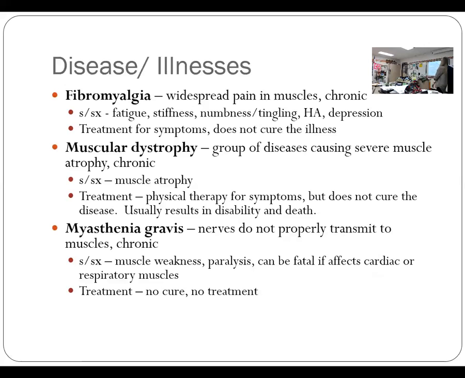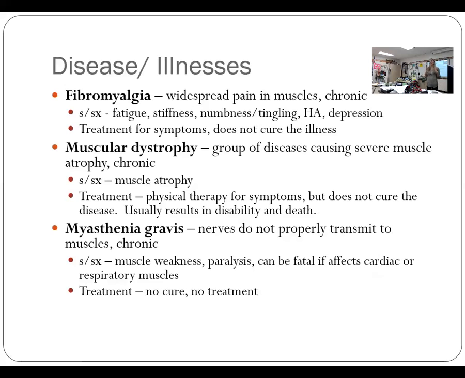Okay, muscular dystrophy. Dys means what? Difficult, labored, bad, like dyspnea. We talk about dyspnea. So dystrophy, trophy is formation. So like atrophy is without form, we talked about before. But this is a group of diseases that causes severe muscle atrophy.